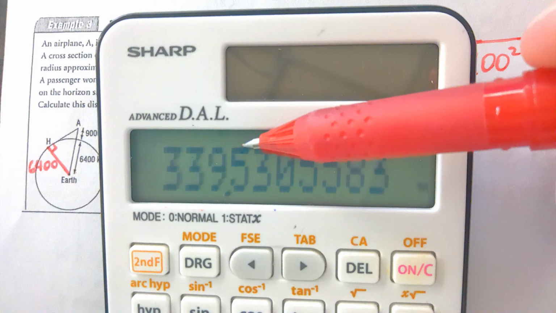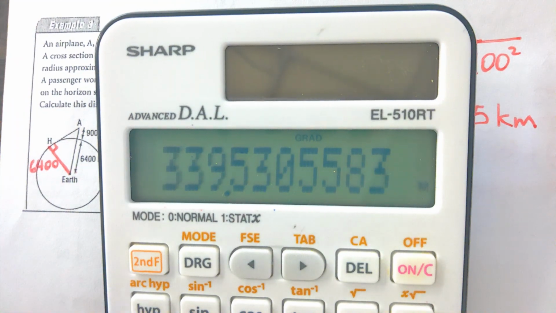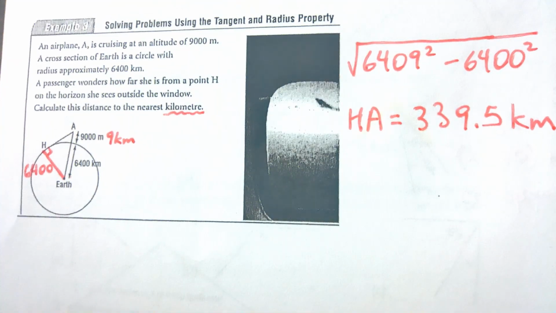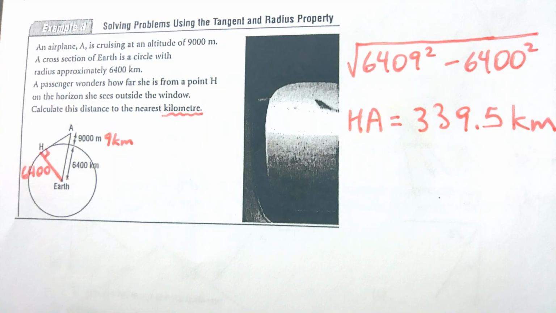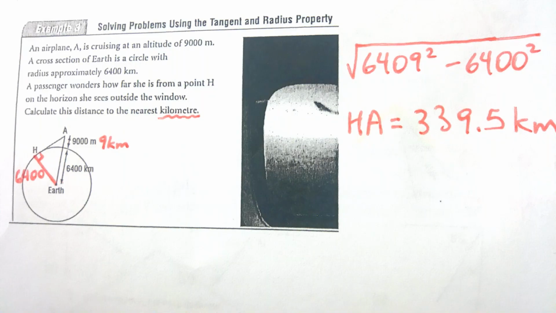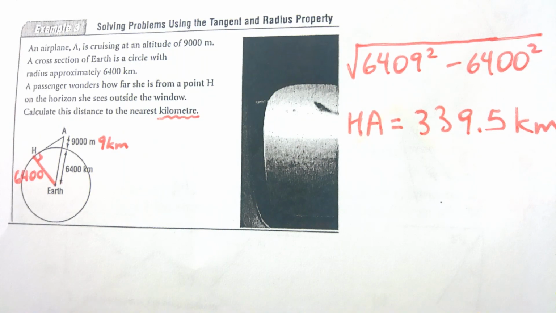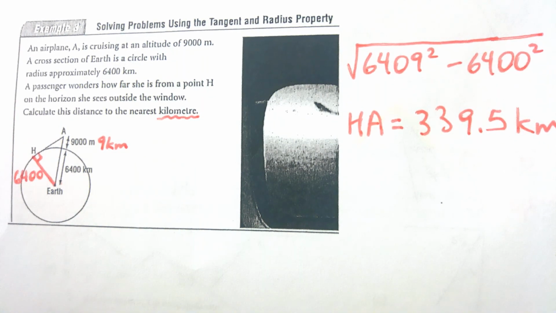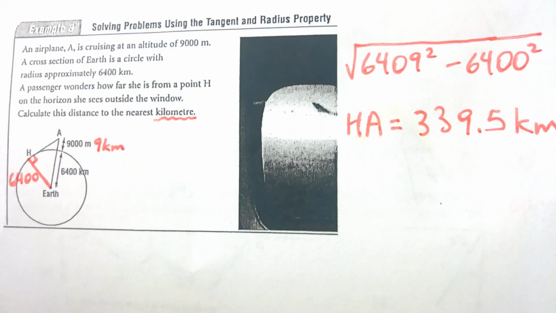Because this is a 5, so you round up, so it becomes 340. So we do this tangent radius property a lot because it makes a 90-degree angle. And once we have that 90-degree angle, we know we do Pythagorean theorem.